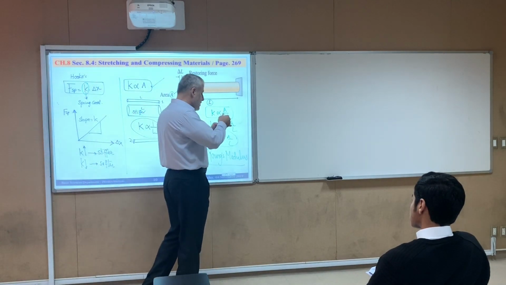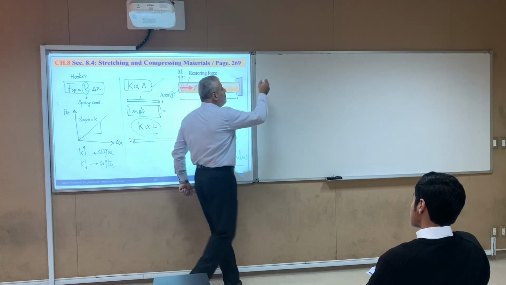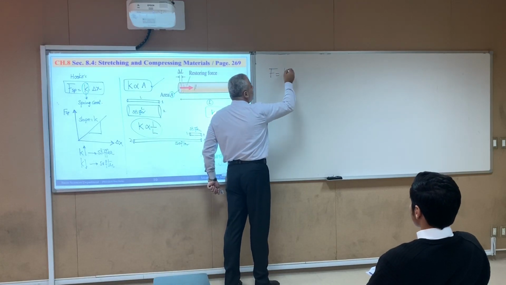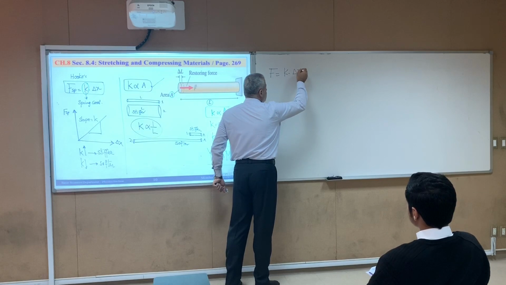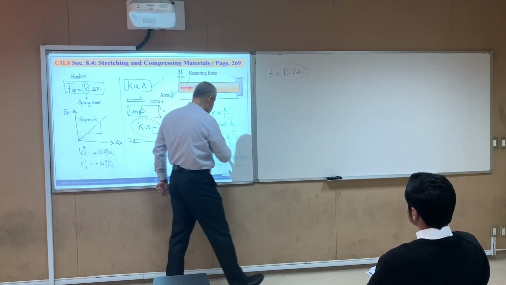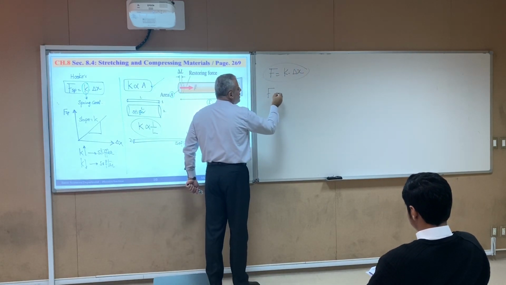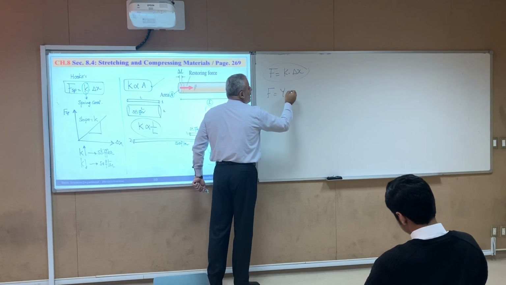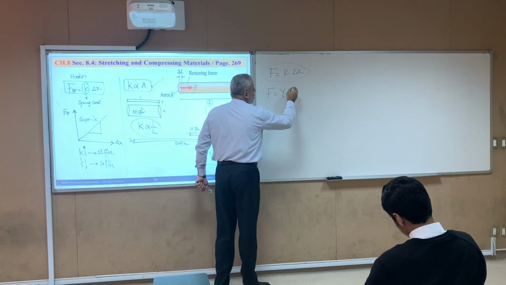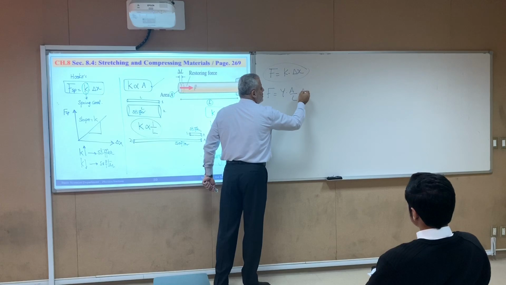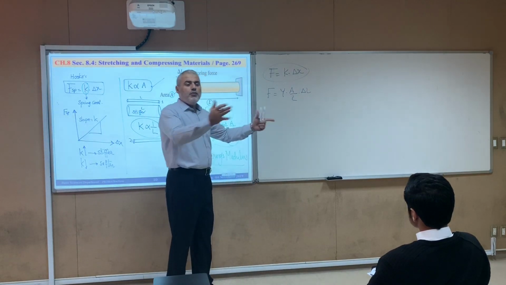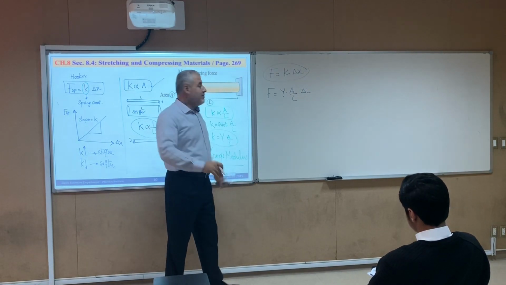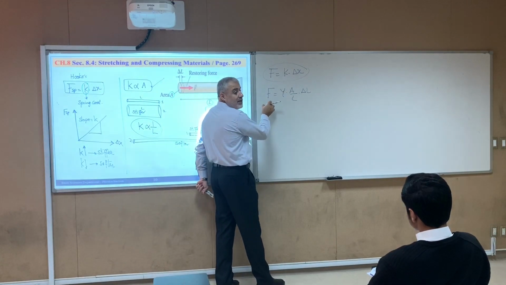So if we put this in Hooke's law, we have F equals K times delta X. Put the value of K here, you will say F is equal to Y times A over L times delta L. We will arrange now. I will send A to the other side.